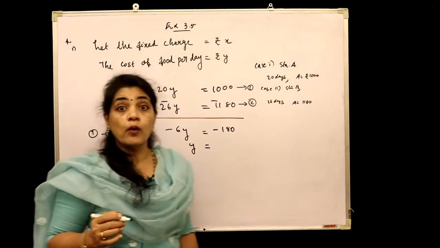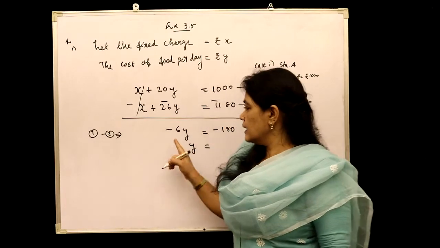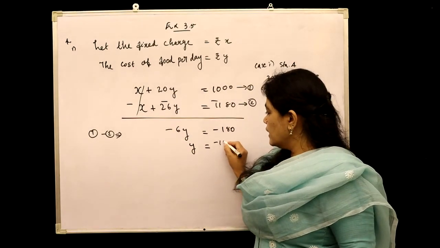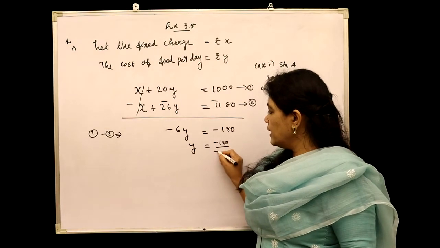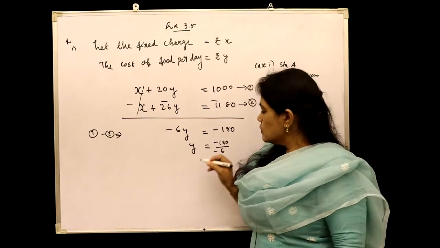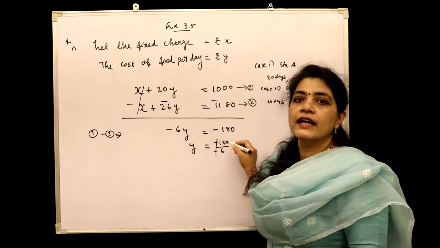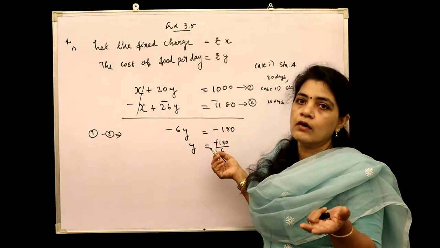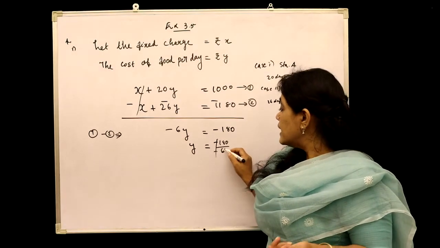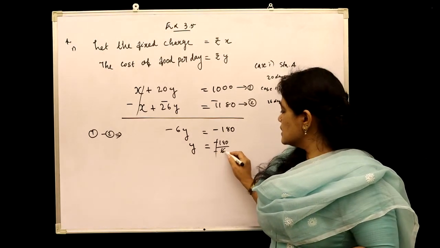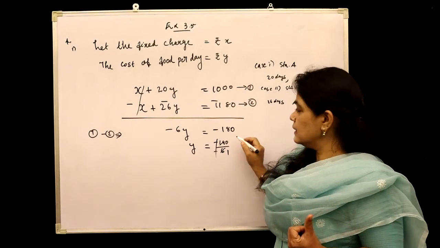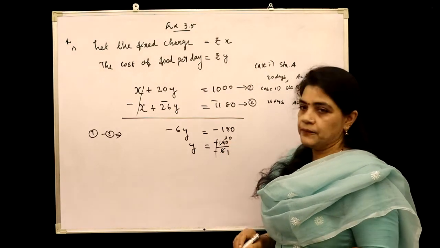Y is equal to negative 180 divided by negative 6, so we can cancel the negative sign. 180 is a multiple of 6, so you can directly reduce. 6 in 6 one time, and 6 in 18, 3 6s are 18, so 30.